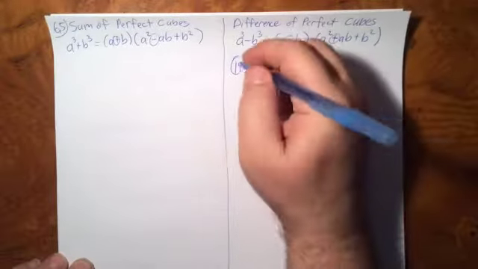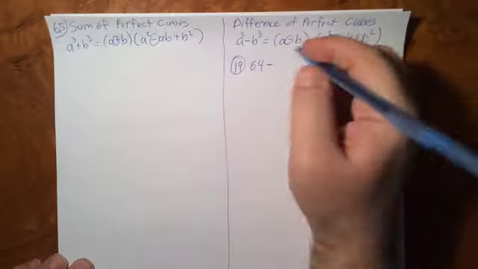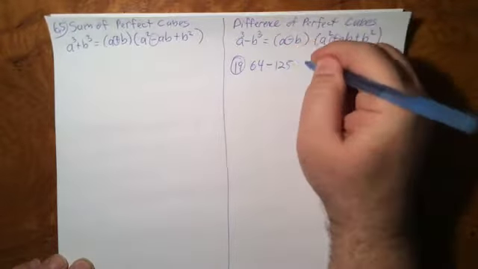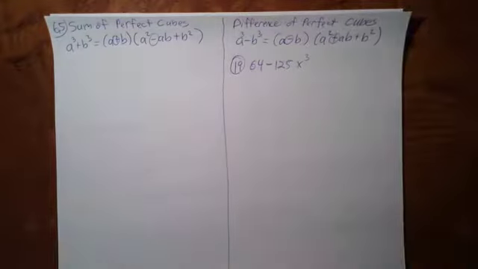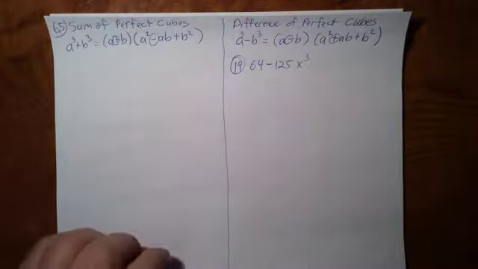So this is going to be 64 minus 125x to the third. Sometimes this can be a little confusing because of how we have to substitute everything in. But it's really important to just follow the formula lock, stock, and barrel, because there may be multiplication necessary with this sometimes.